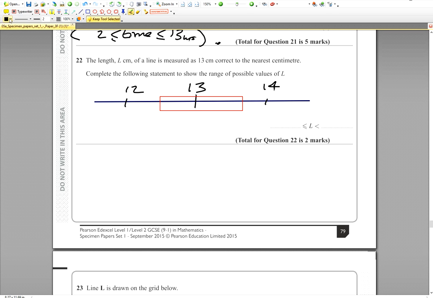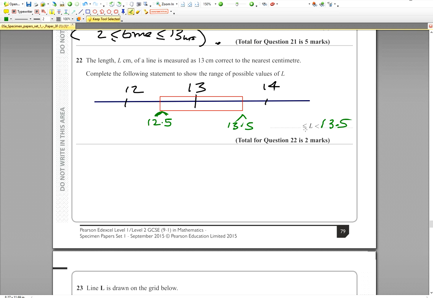So this is 12.5 centimeters, and this will be 13.5. Are you paying attention? Everything which is 12.5 will be rounded off to 13, and everything which is less than 13.5. That's why the 13.5 goes on this side here.